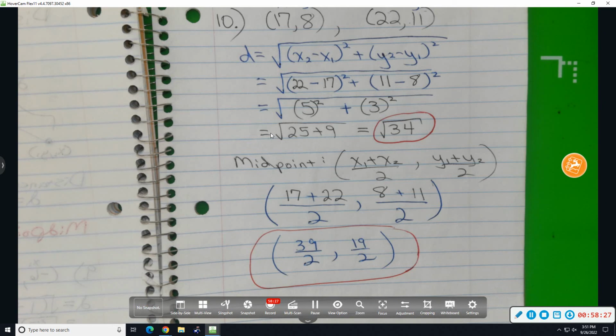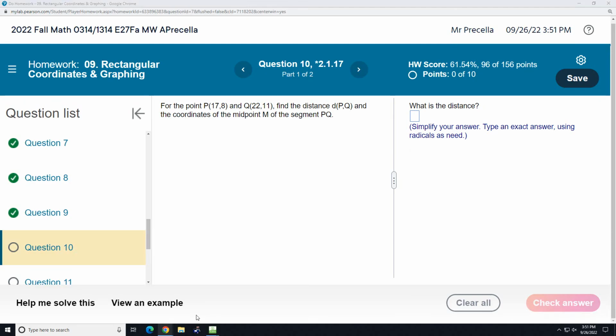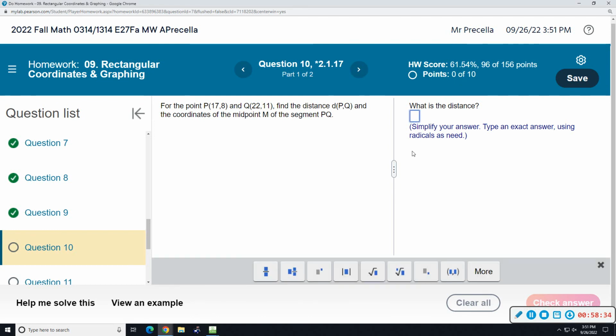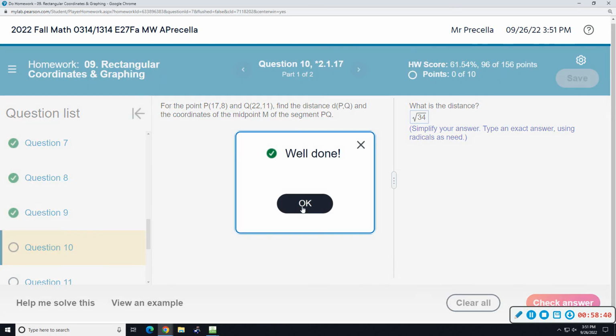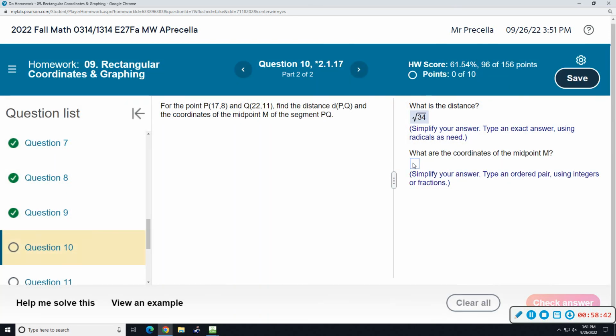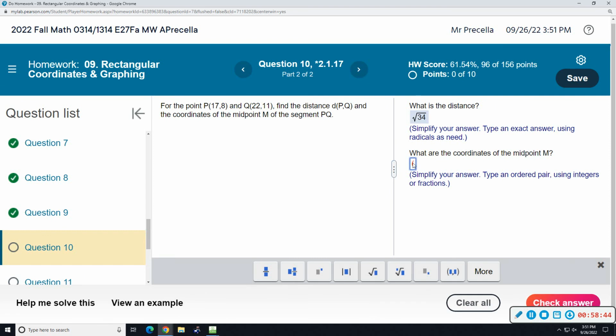So we go back to MyLab and we punch in the distance, the square root of 34. The midpoint, left parentheses, 39 over 2. Get out of the denominator before you type your comma, and 19 over 2.